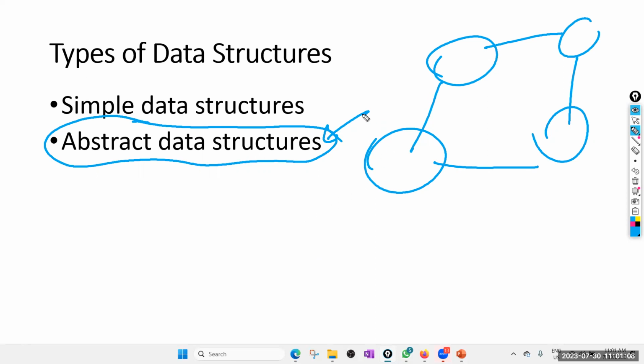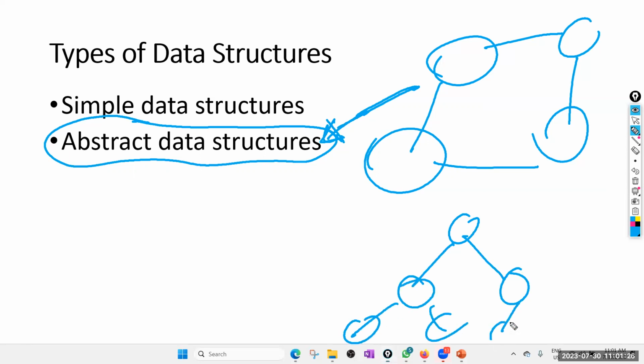So abstract data structure means rather than thinking about how the map or the binary tree is implemented, you look at it as a data structure and try to understand, if you have a data structure like a binary tree, what are the things that we can take from there? Can we build some concepts on that? So we learn those concepts without worrying too much about how it is implemented.